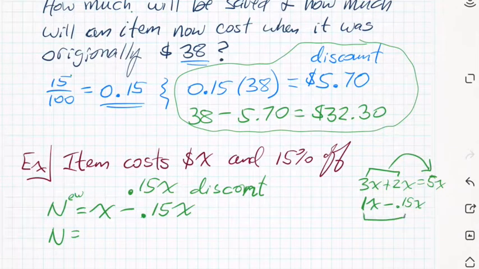Here you're going to go 1 minus 0.15, which is 0.85. So this would leave us with 0.85x, and 0.85x is the new cost.